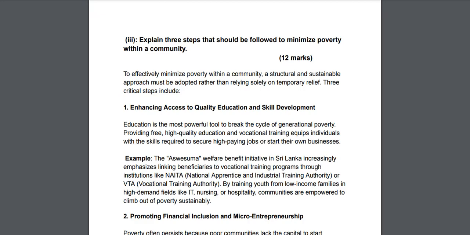So first, as I mentioned before, you have to write a small description. So here it has mentioned, to effectively minimize poverty within a community, a structural and sustainable approach must be adopted rather than relying solely on temporary relief. So 3 critical steps include, so like that you have to enter the question through this kind of description.